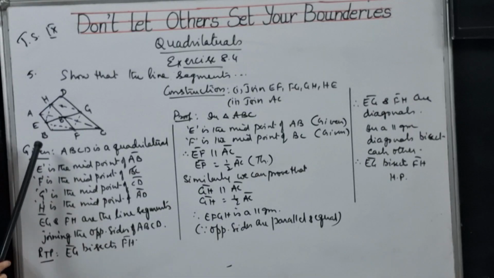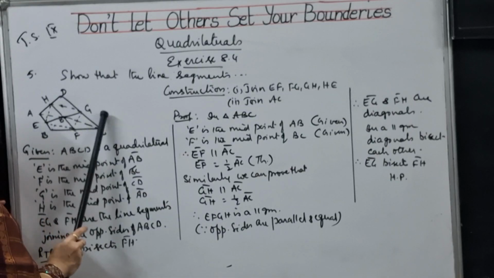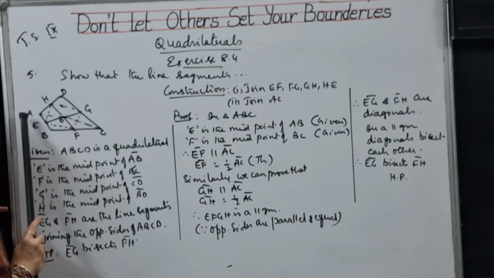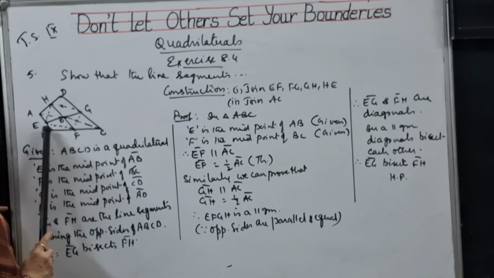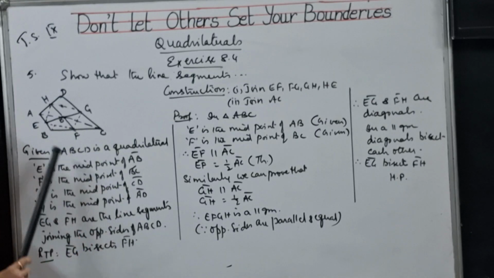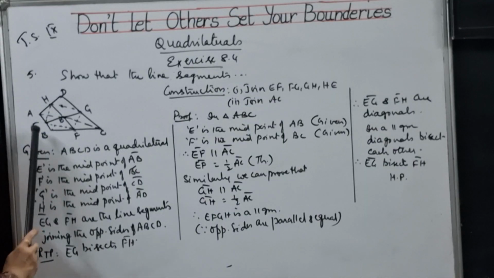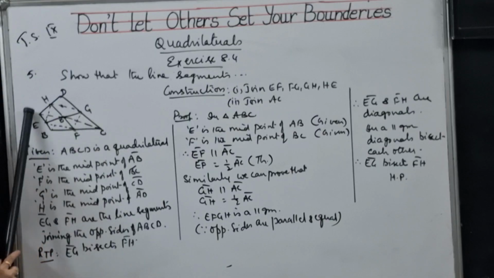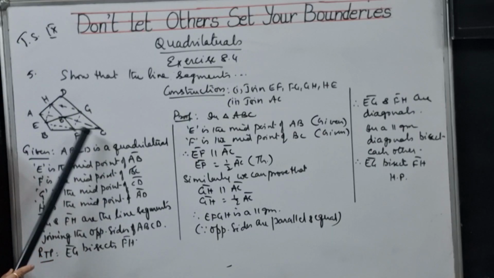If you join AC, see in triangle ABC, E is the midpoint of AB, F is the midpoint of BC. EF is the line segment formed by joining the midpoints of two sides of a triangle. Then it is parallel to the third side, and half of the third side. Similarly, GH also is parallel to AC, GH is half of AC.